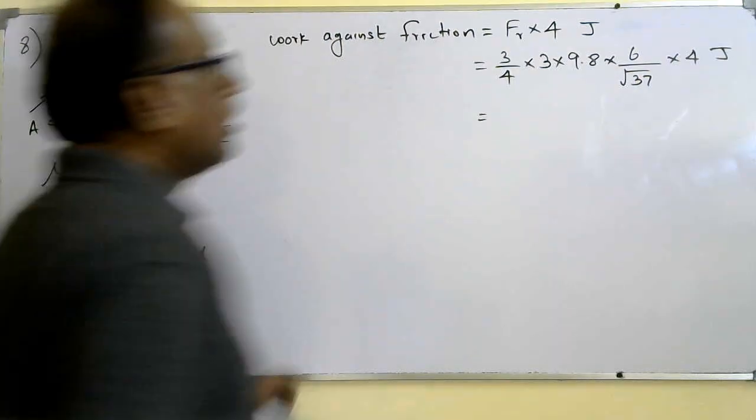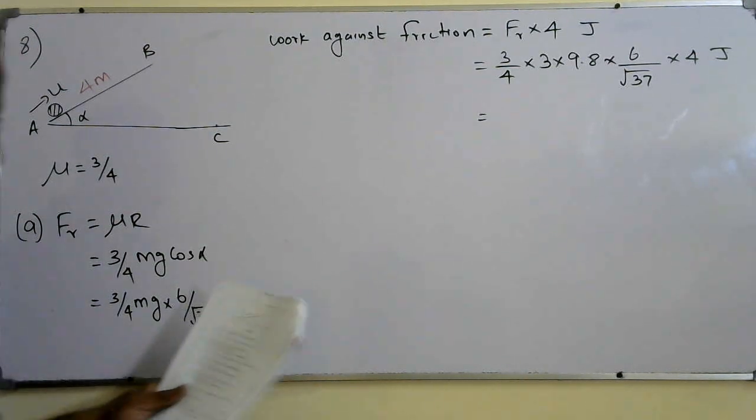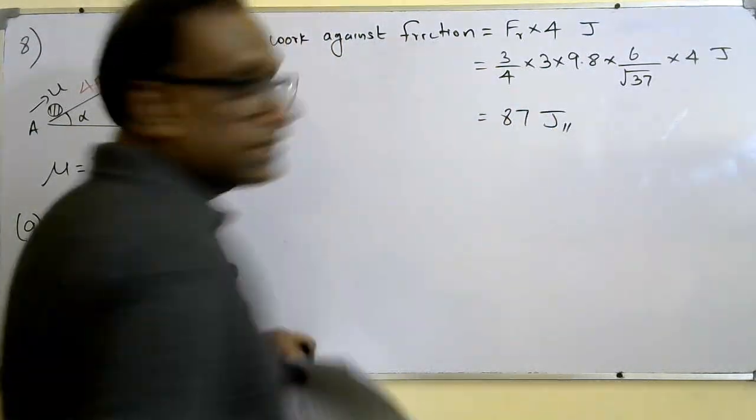Solving it, 3 by 4 into 3 into 9.8 into 6 into 4 divided by square root of 37, gives 87 joules. 87 joules is the work done against friction.